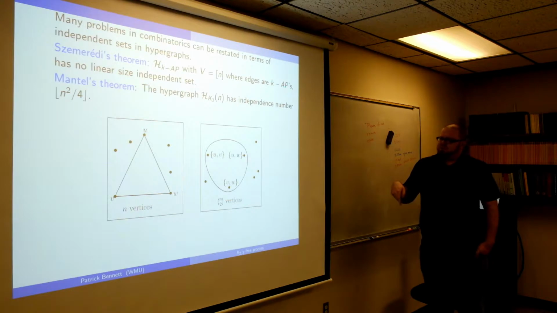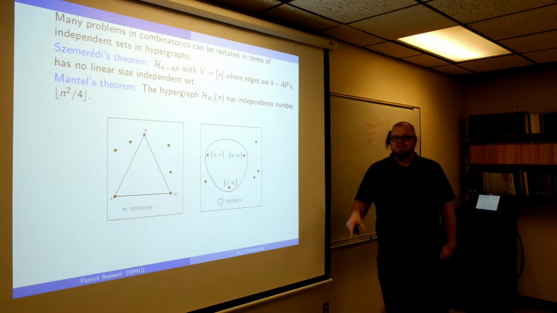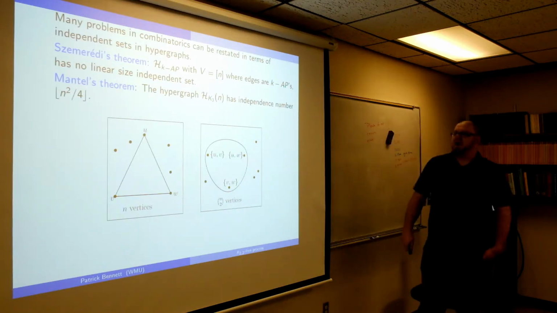This will be a 3-uniform hypergraph, and I'm trying to illustrate this correspondence here. If we're considering an n-vertex graph, I'm going to form this hypergraph. The vertices in the hypergraph are pairs of vertices in the graph, or you could think of it as potential edges in the graph.